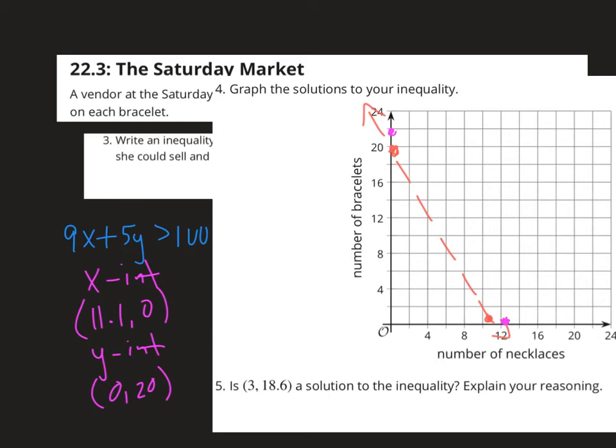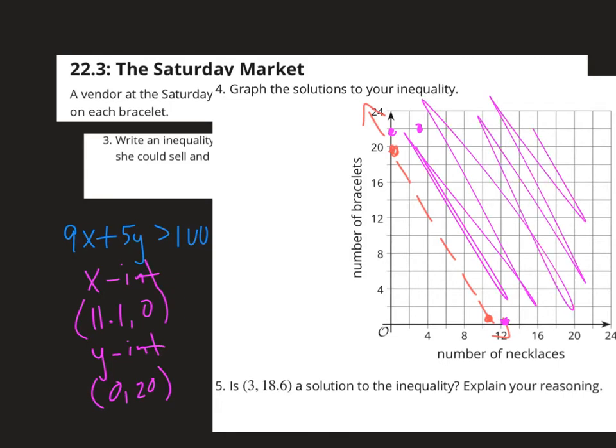Now think about this. What if I sold like, oh, I don't know, 22 bracelets and 3 necklaces? Where would I be? I would be somewhere around here. So all of this region represents making more than $100. So any combination there makes us more than $100, which says that that is the correct graph, my friends.